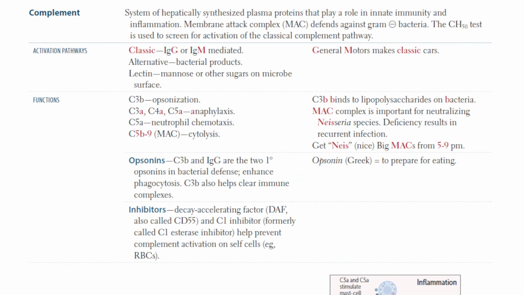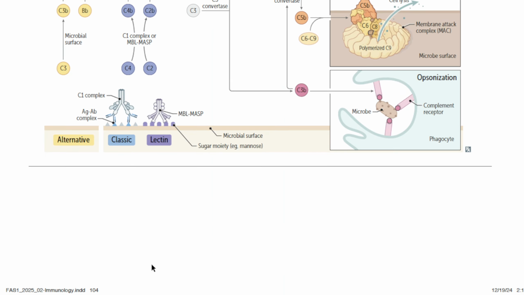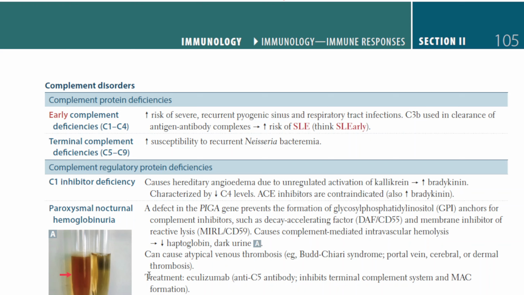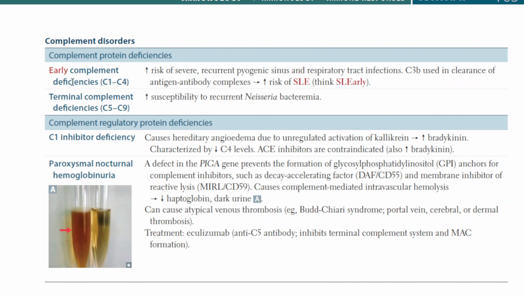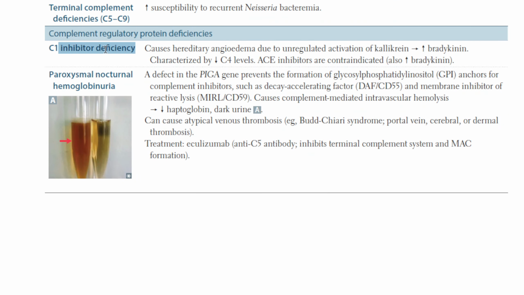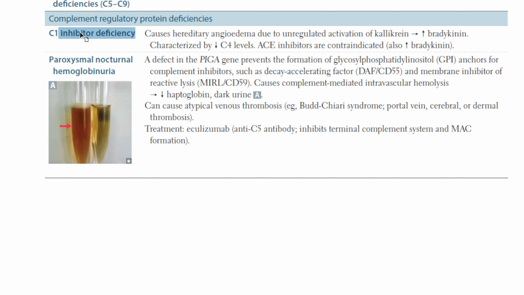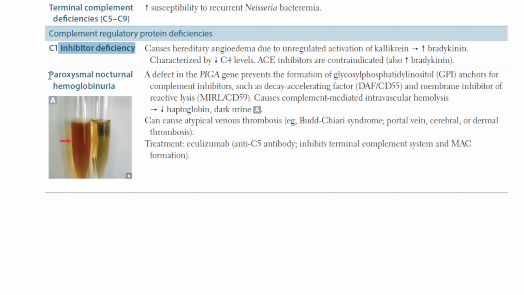Okay, in the next video, we're going to talk about complement, activation, pathway, and function. We're going to keep reading about complement disorders, specifically C1, C4. We're going to cover C1 inhibitor deficiency, which is very high yield. Another very high yield pathology is paroxysmal nocturnal hemoglobinuria.